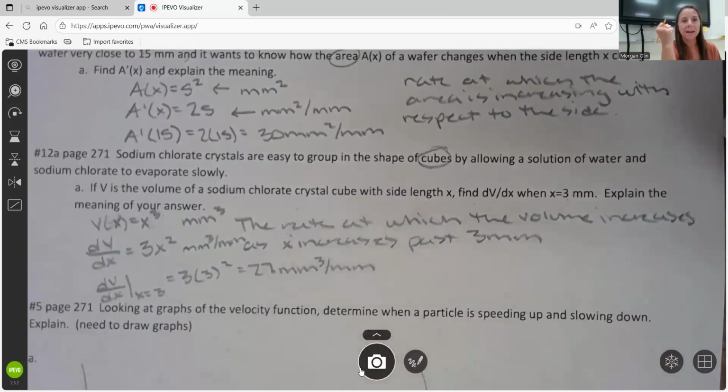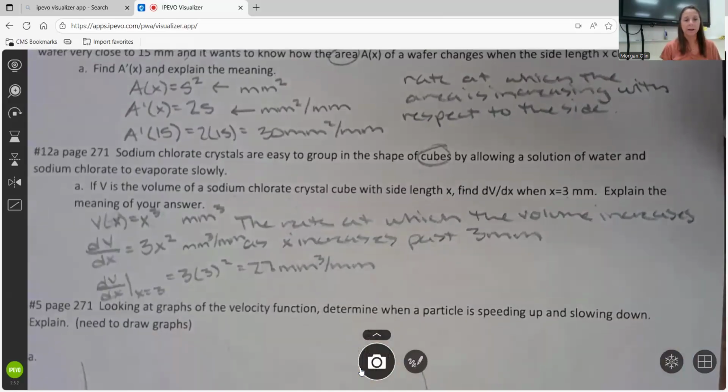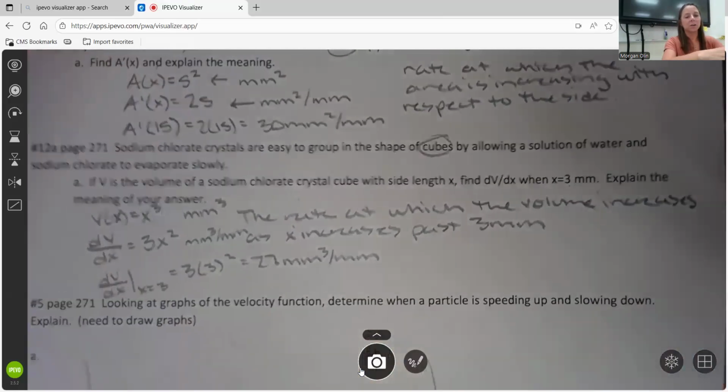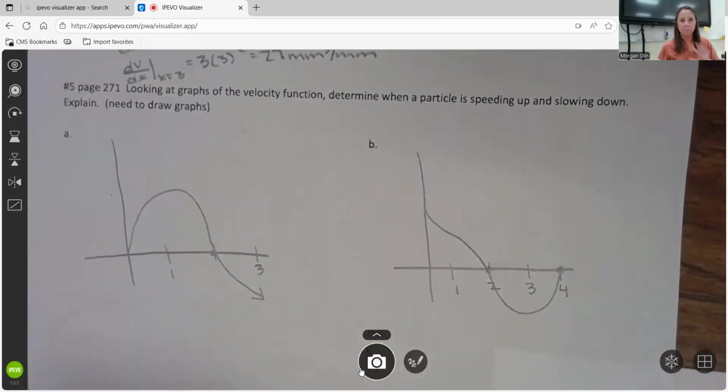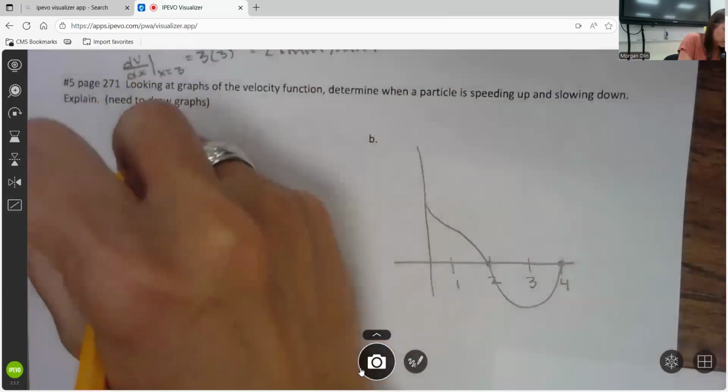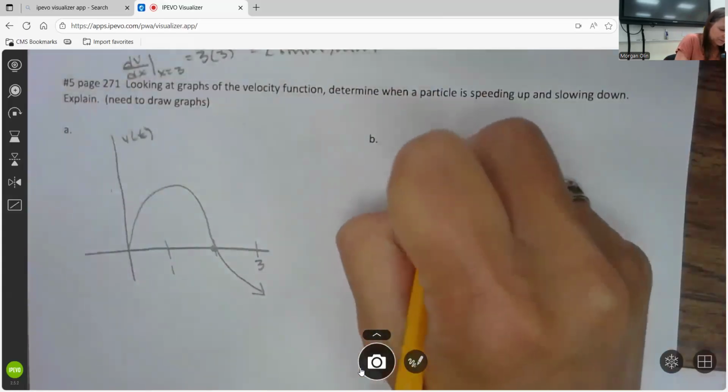the derivative is a rate, okay? It is a rate. And I also want to take a look at graphs. Now, if you actually have this paper, draw these graphs. Pause it, draw the graphs for a second. Okay, similar graphs are found on page 271, number 5. So looking at the graphs of the velocity function, these are each the velocity, we'll say v of t.